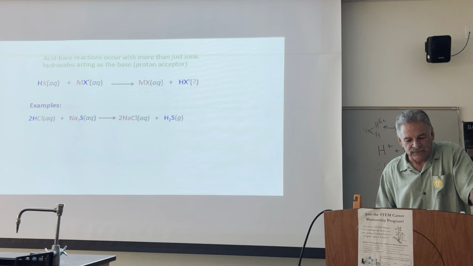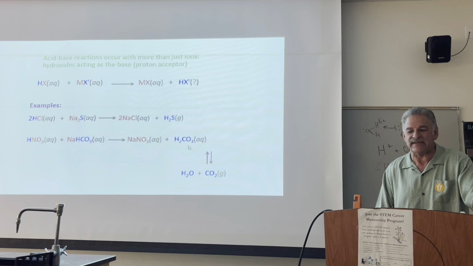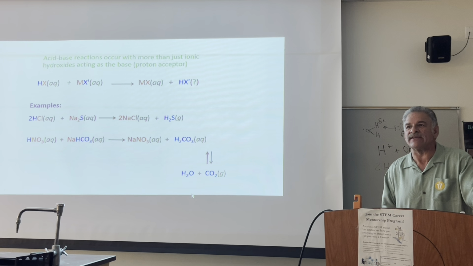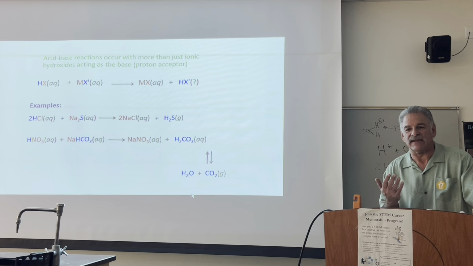HNO3, nitric acid, plus sodium bicarbonate, we form sodium nitrate, which we know is soluble because all nitrates are soluble, and H2CO3, or carbonic acid, which dissociates into CO2 and water. It's another one of those that's always in equilibrium, and it'll give off CO2 gas.